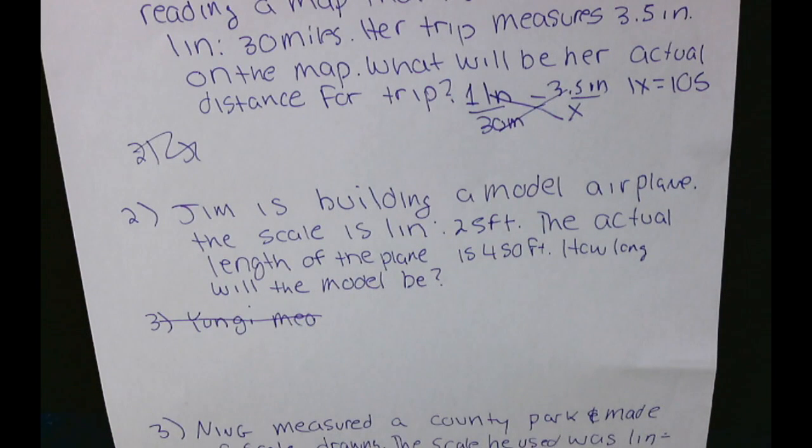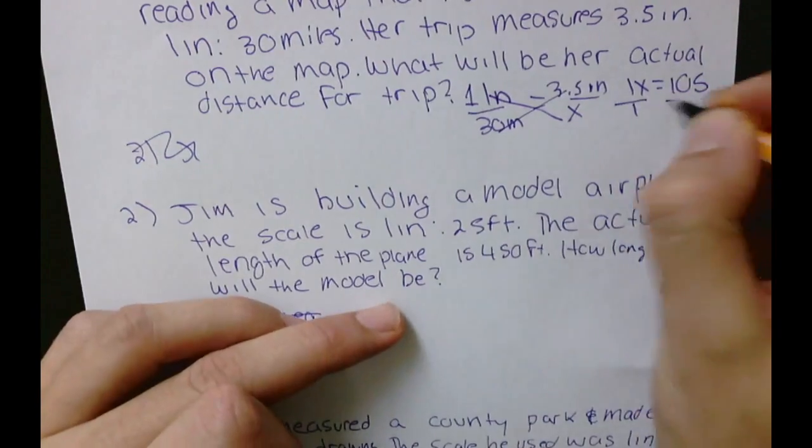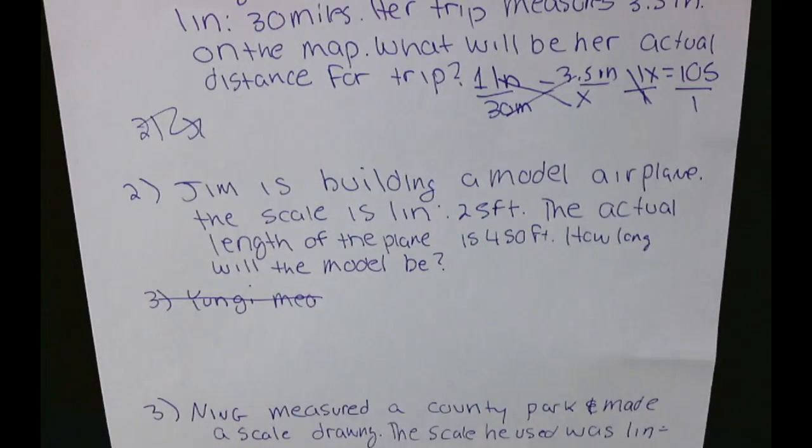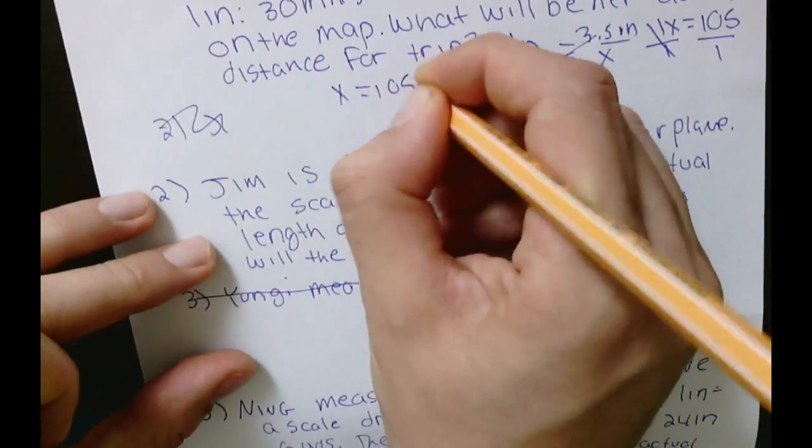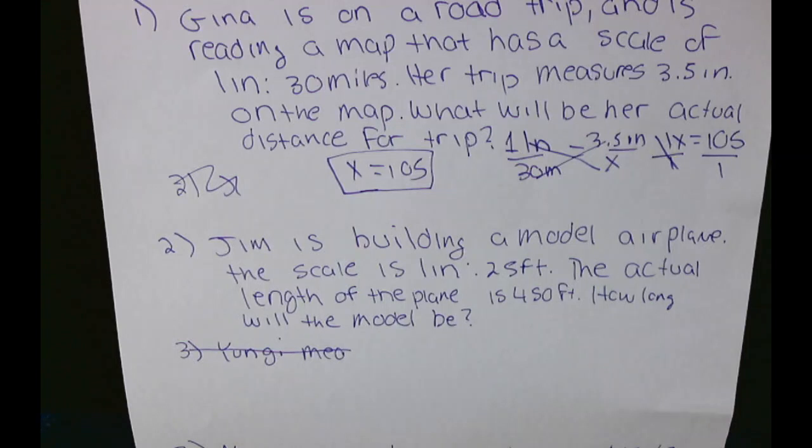You may recognize that 1x is equal to 105 and be done, or if you prefer, you can divide both sides by 1, mate, and you get x is equal to 105. So the actual distance for our trip, deep in the Australian forest, is 105. Let's continue.